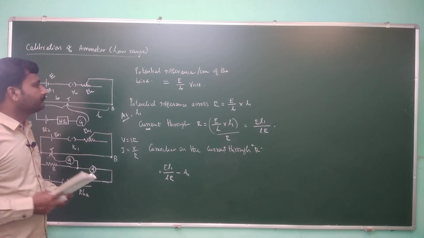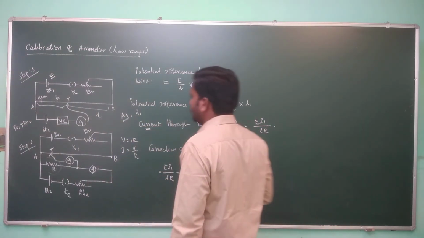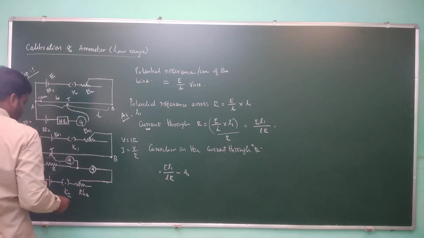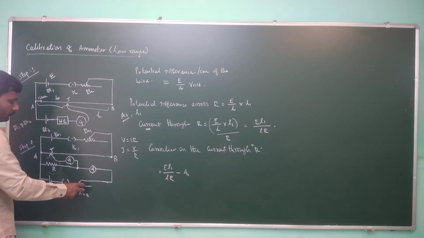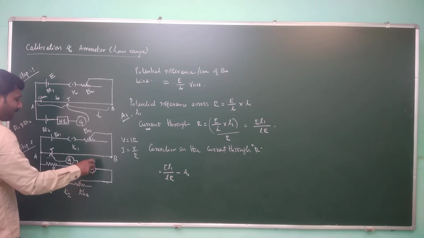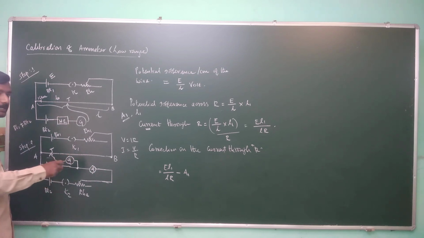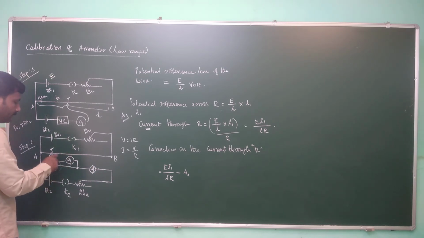Now how to do that? We have told that if you increase the battery value, or if you change the resistance value with the rheostat, it will increase or decrease the current, and that will reflect in the deflection of the galvanometer, and you can make it null by moving the jockey.